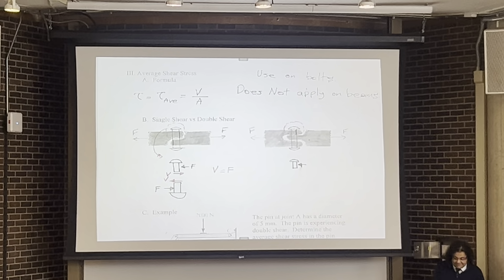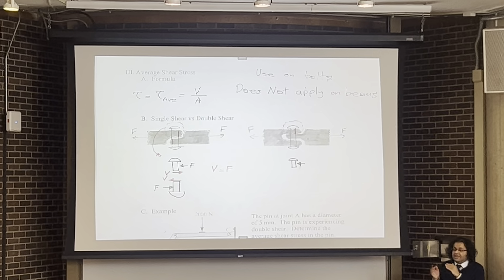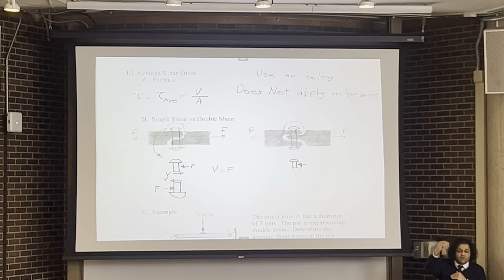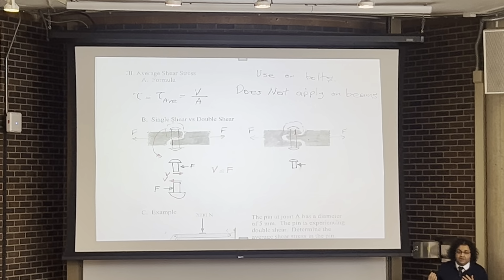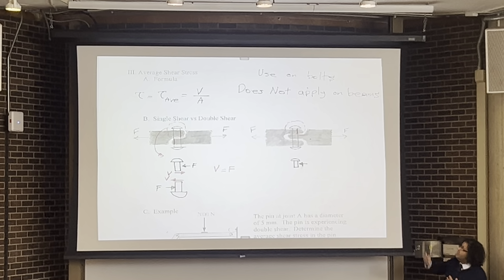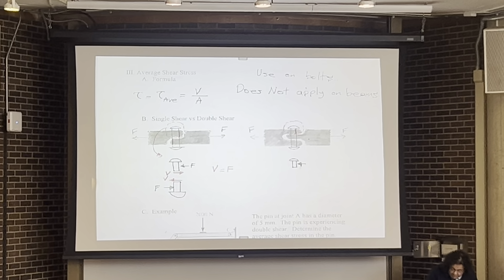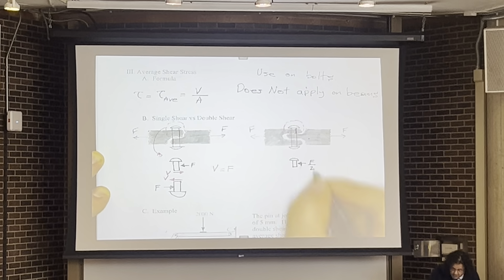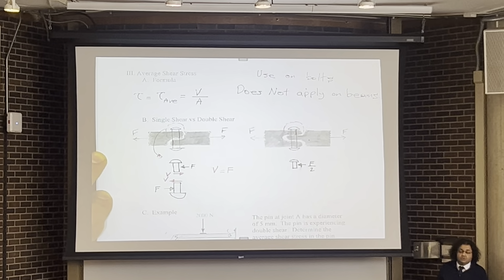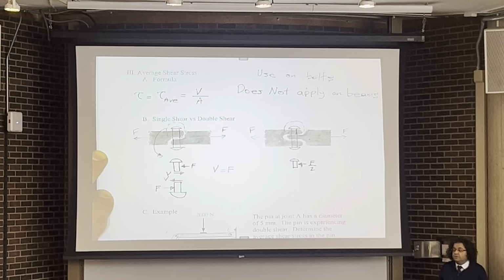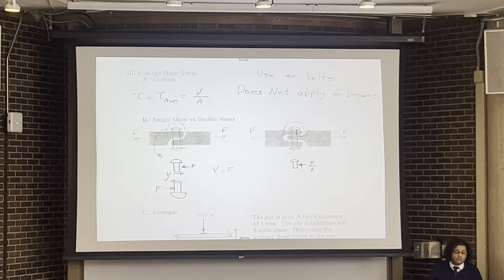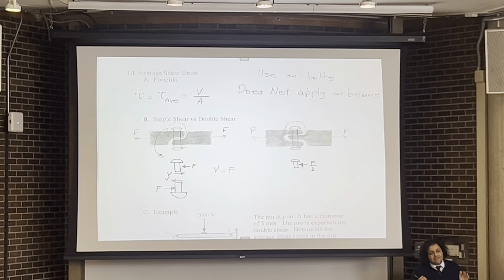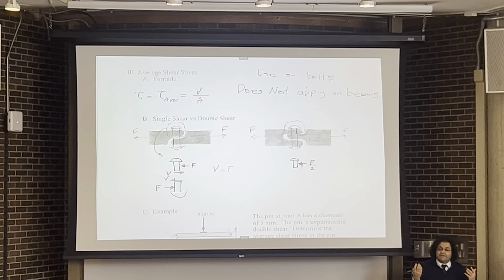Hopefully, if this is distributed uniformly, we can say half of it goes to the top part, half of it goes to the bottom part. We cannot say that the full F is going to the top part. So as you guys correctly observed, it should be exactly F over 2, because the equilibrium should eventually be satisfied.